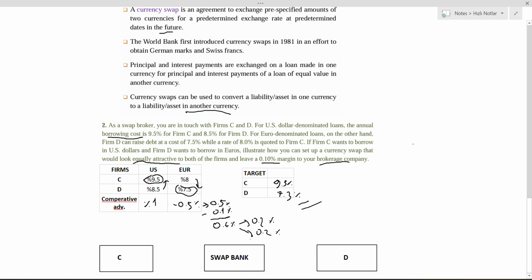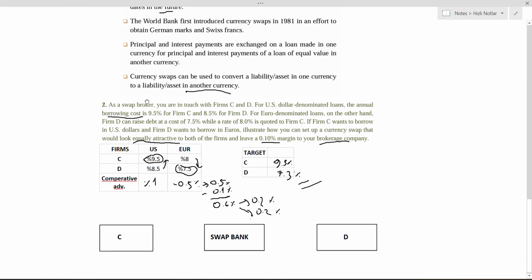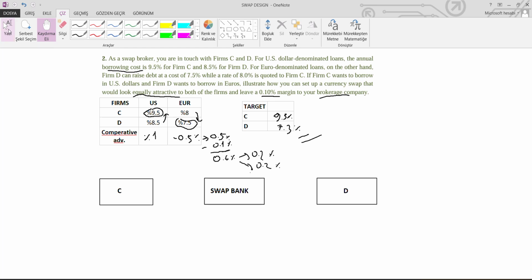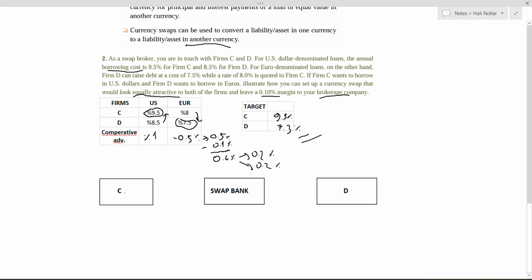Then let's start the beautiful part of the question, which is the designing part. To design a swap, as I already mentioned in the previous examples, the first row will be determined by the opposite strategy for each company, and if it is a transforming liability, I will use the outer row here.